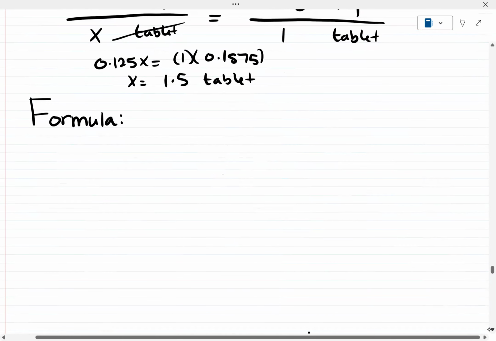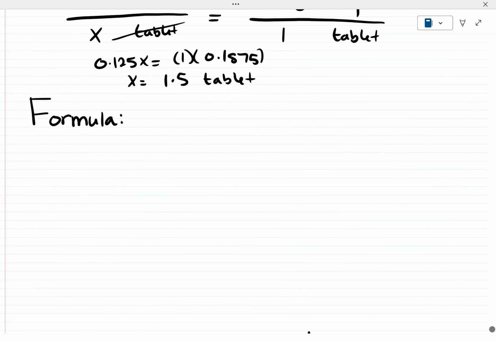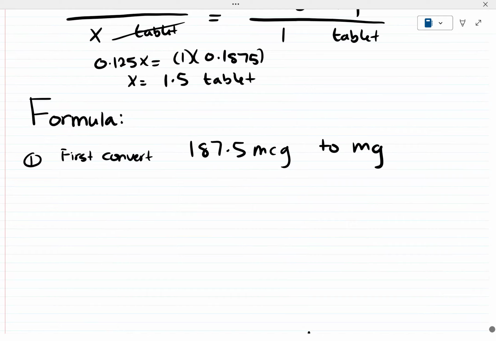Okay, formula method. Formula method: desire over have times vehicle. Remember the units for desire and have must be the same. So before you do this, you gotta first convert 187.5 mcg to mg, which we already have, so we don't have to do that step again. We said it was 0.1875 mg.